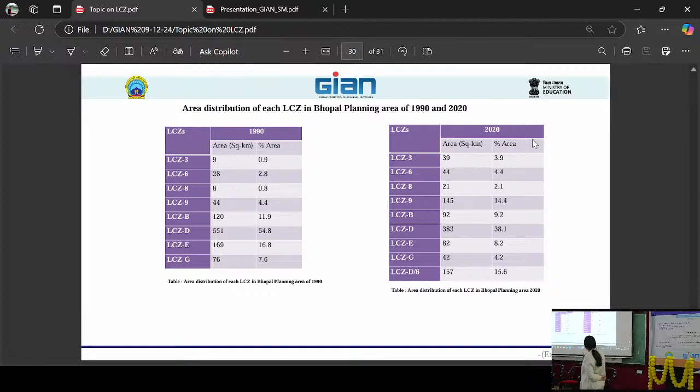And this is the LCZ classification which is prominent in Bhopal, and we can see the area under LCZ D is water, I guess, and agriculture area around Bhopal in the whole planning area. And the rest, you can see 6, 2, 8, 9, all these are the areas which are prominent in Bhopal.